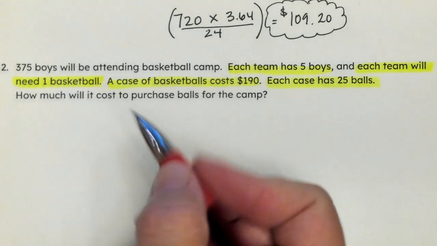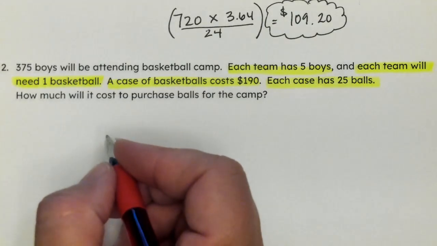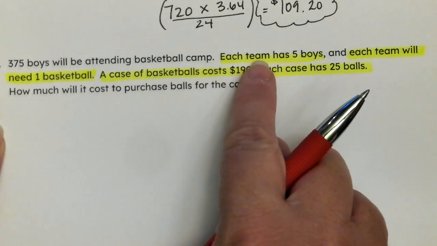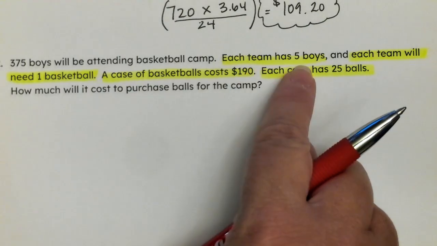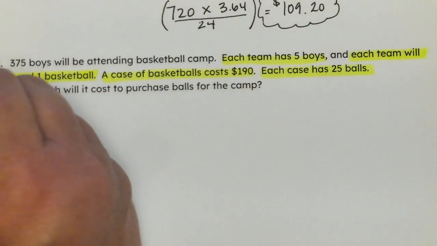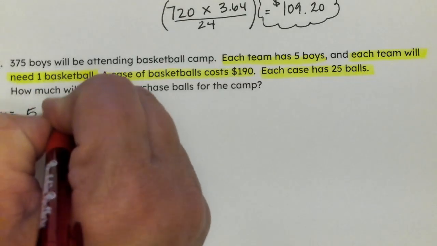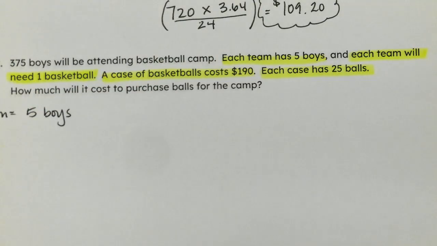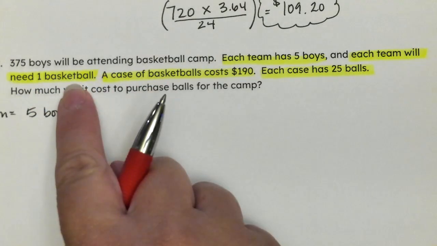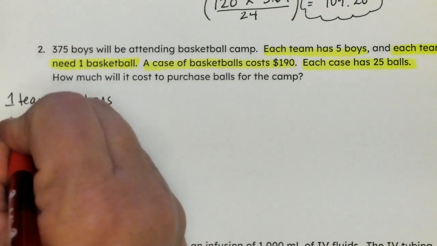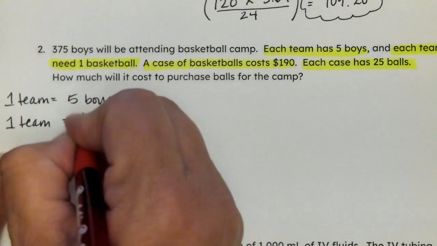Okay? And then it says, how much will it cost to purchase balls for the camp? So let's write all of our conversion factors down. We have that each team will have 5 boys. So 1 team equals 5 boys. And then each team will need 1 basketball. Okay, so 1 team needs 1 ball.